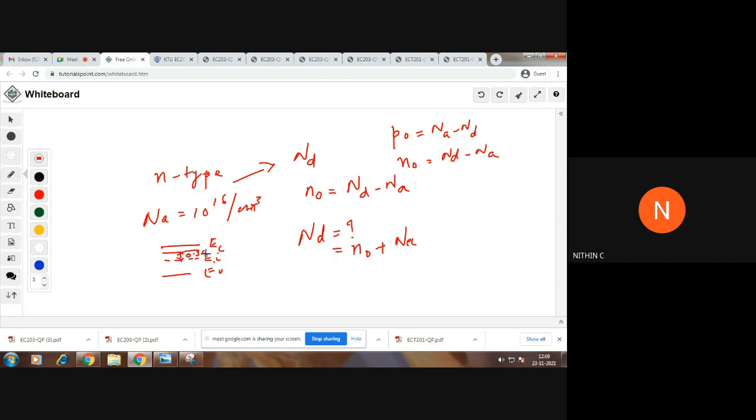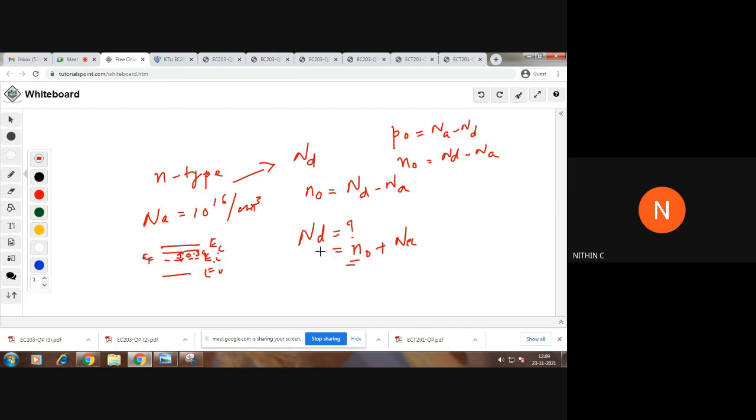EI is actually the center position, and EF lies 0.36 above it. So which expression are you going to use? EF minus EI is included in the expression you can use for finding n0.